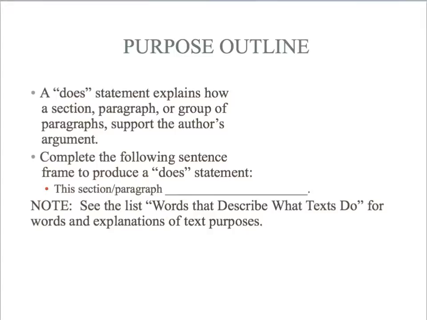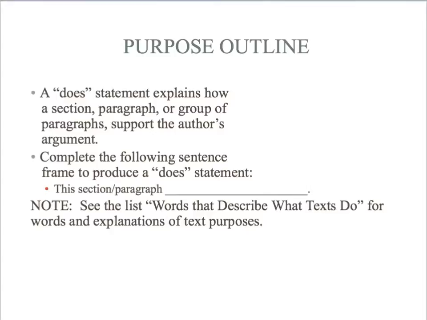The does statement explains how a section, paragraph, or group of paragraphs supports the author's argument. They identify the purpose behind what the author is writing. In order to get an accurate purpose statement, you would complete the following sentence frame. This section or paragraph, something.